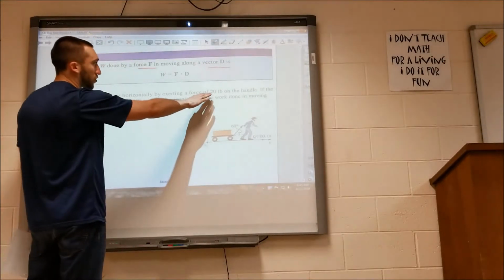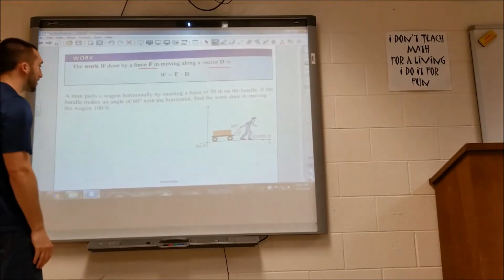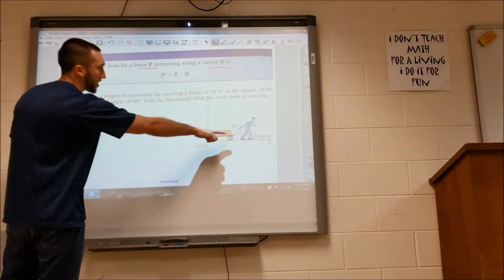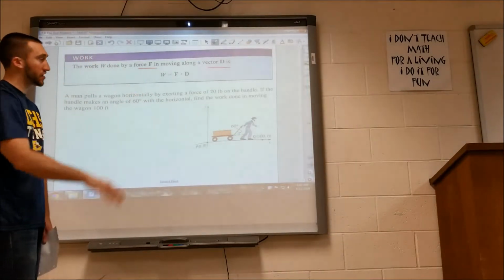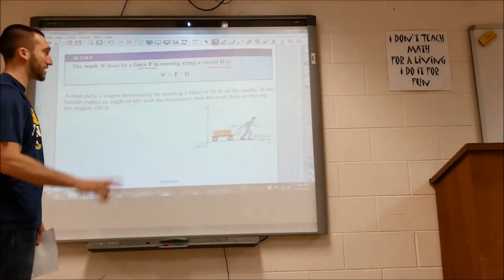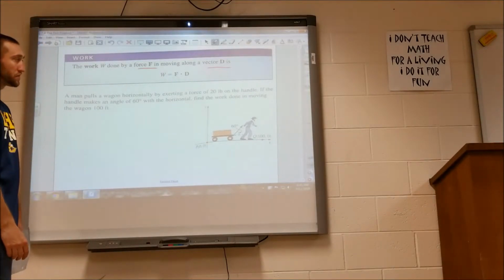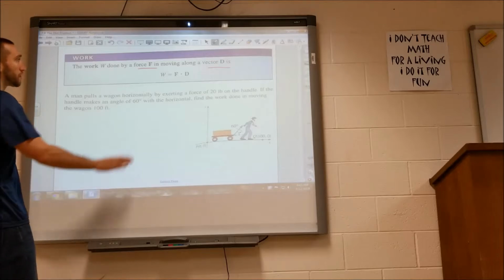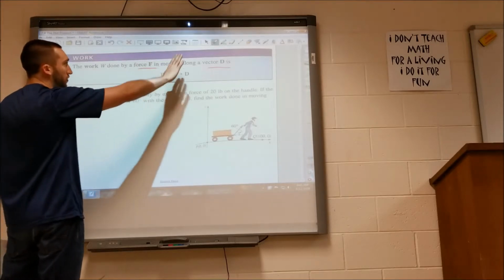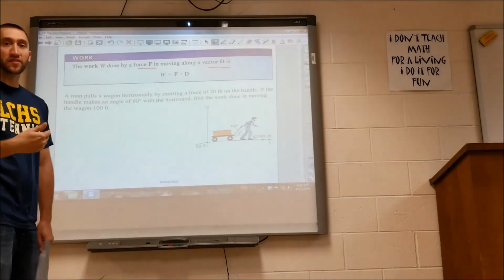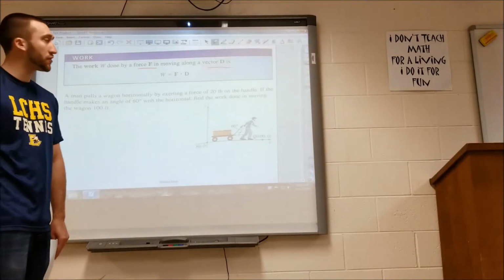He is exerting 20 pounds of force on the handle, and the handle makes a 60-degree angle with the horizontal. That's our typical 60-degree angle, measured from the x-axis. Find the work done moving the wagon 100 feet. So, first of all, we have to determine the force, then we can determine vector D, and then the dot product tells us exactly how much work is being done to pull that wagon.